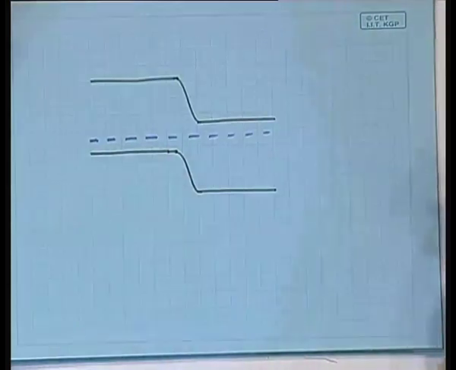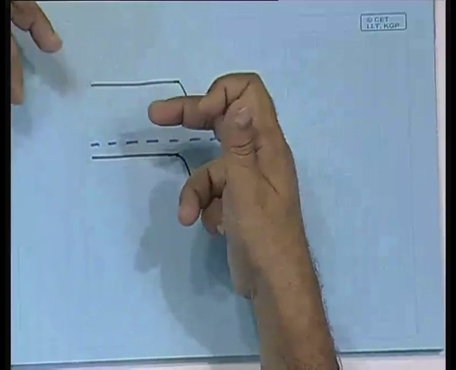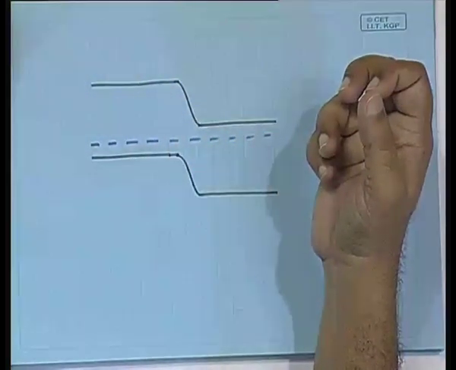In case of the photovoltaic cell, we essentially use this property, but in addition to that, what is not there in the normal diode is that light is falling very close to this band bending region. As a result, as the light is incident upon the material, the electrons will absorb the photons, and if the photon energy is bigger than the band gap energy, then an electron hole pair is created.